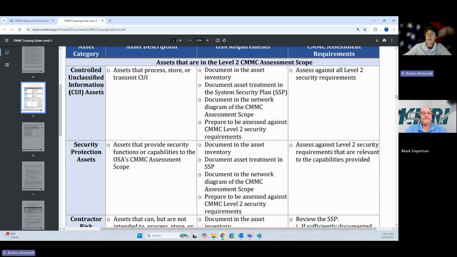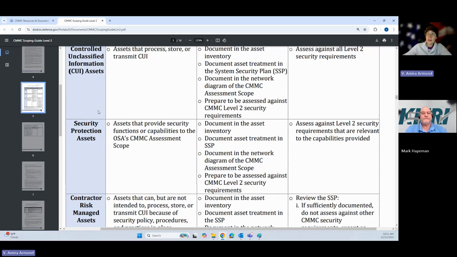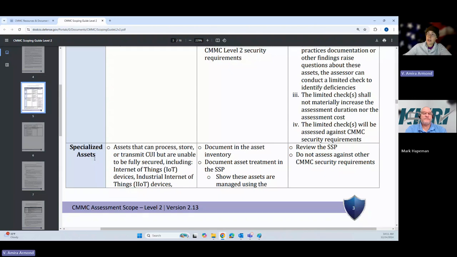The one exception to that rule is the category called specialized assets, which are special types of assets that are unable to be fully secured. They have much less assessment requirements, and much less requirements for security.